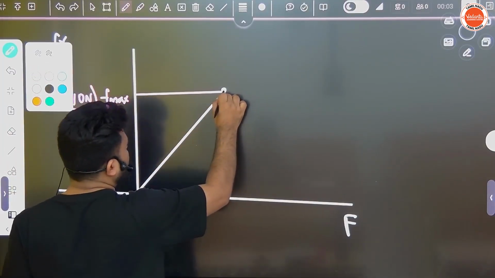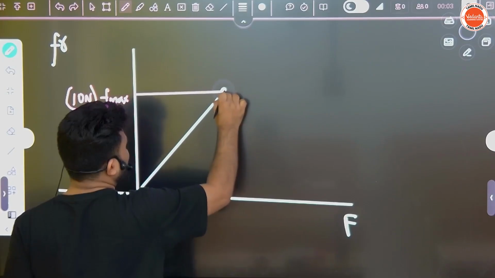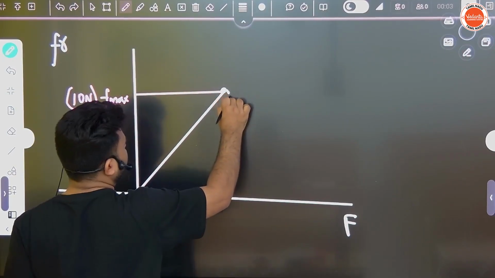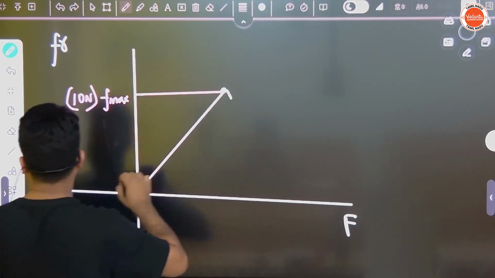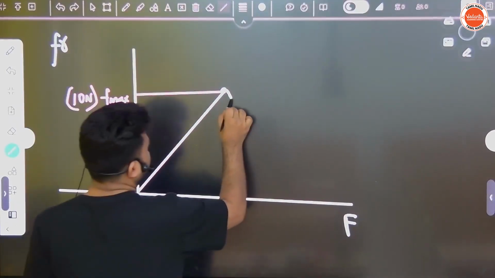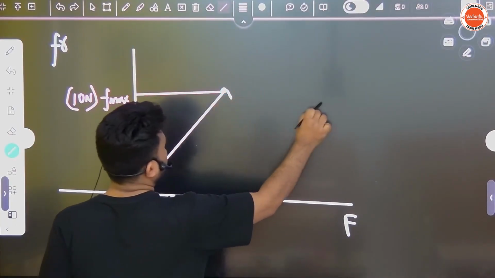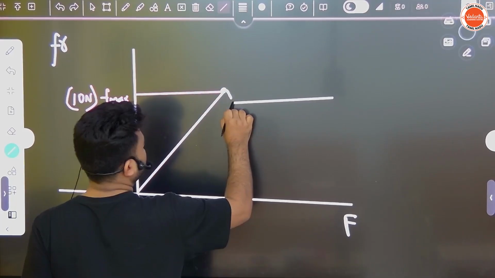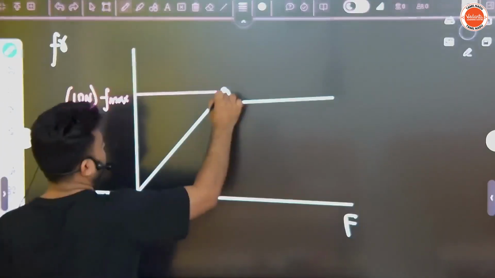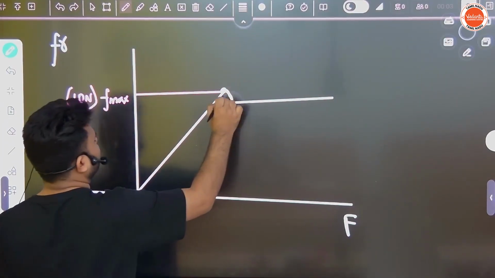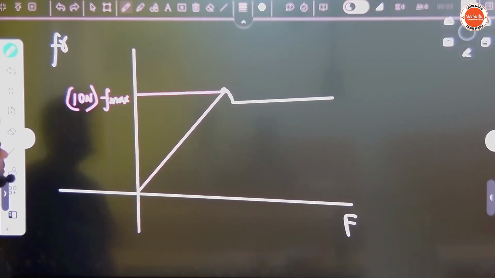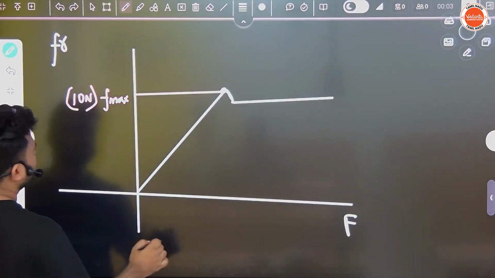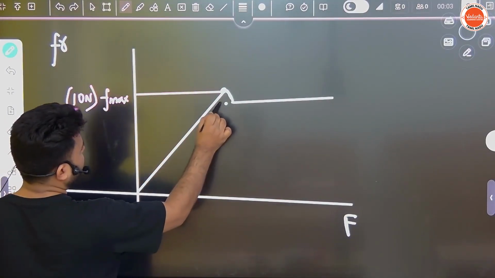Now the body will move. Now when the body moves, friction gets a little demotivated. A little bit less value it has. Correct. So friction decreases a little bit. And this is kinetic friction.